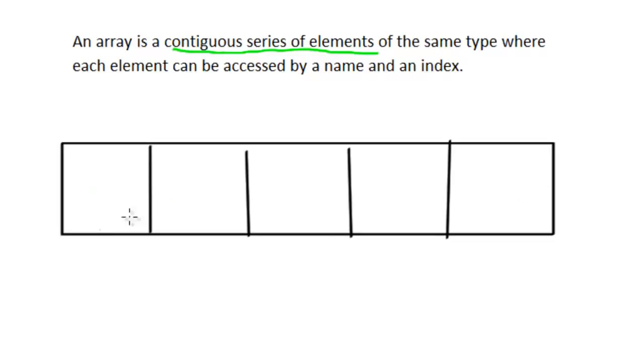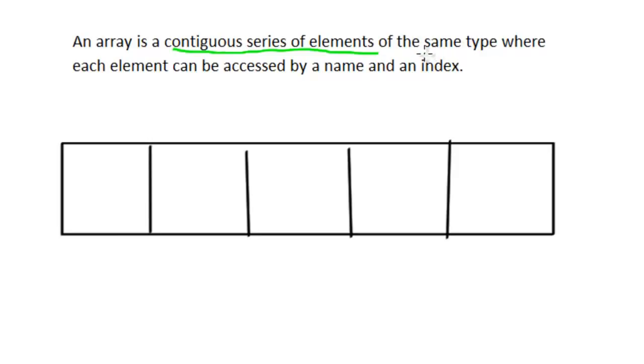It's not like each element is spread over a vast range of memory where this element is at memory location 1 and this one's at memory location 550. This would be at memory location 1 and this would be at memory location 2. So that's what's going on with a contiguous series of elements.